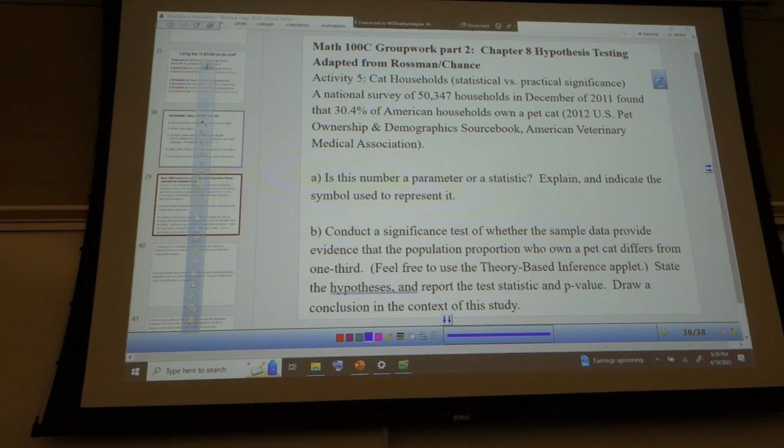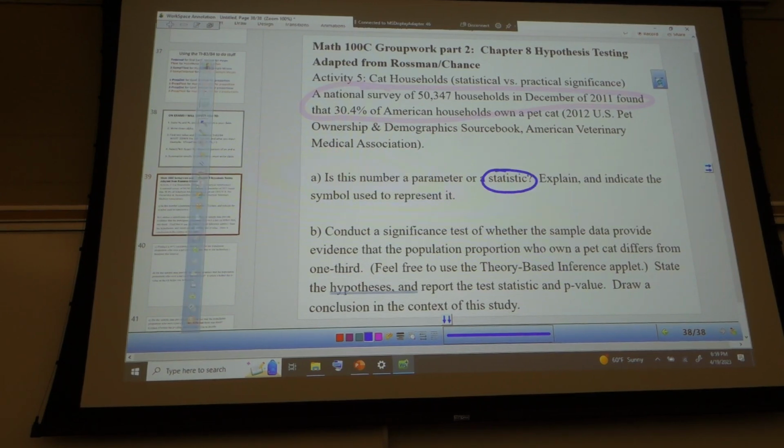Great. Is this number a statistic or a parameter? Why is it a statistic? Comes from a survey. National survey of 50,000 households. That's not all the households. That's the sample. So this is a statistic.